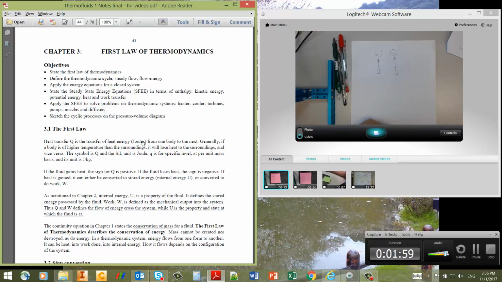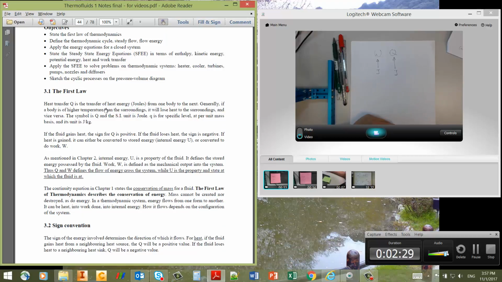The first law of thermodynamics is basically the conservation of energy. You remember during chapter 1 we talked about conservation of mass. We also know that there's this thing called conservation of momentum, which is in fact the force equilibrium equations. And when you talk about conservation of energy, then this is the first law.